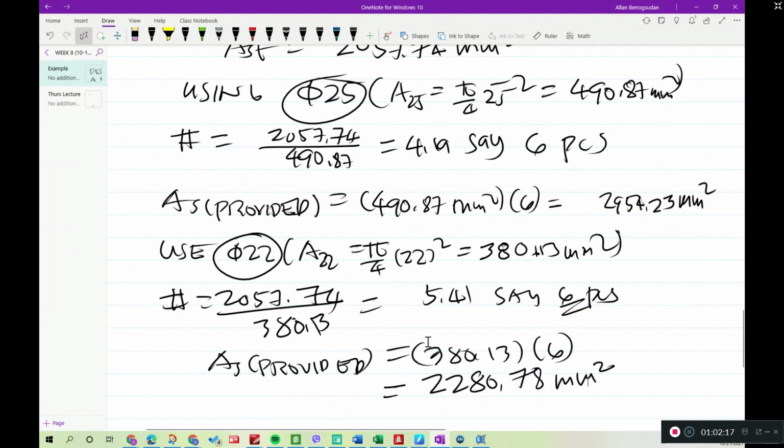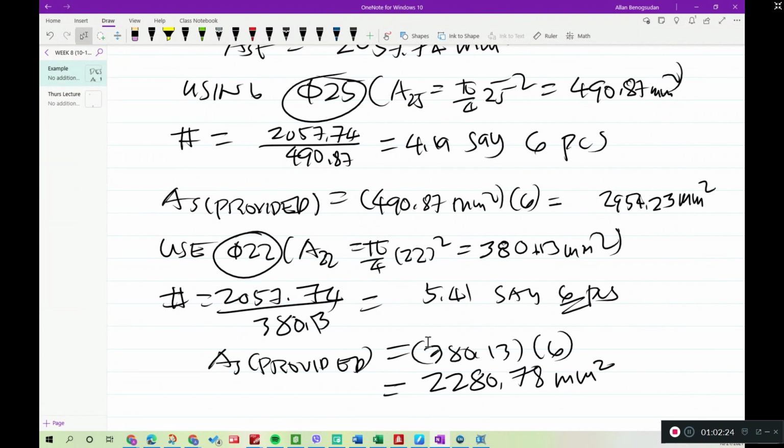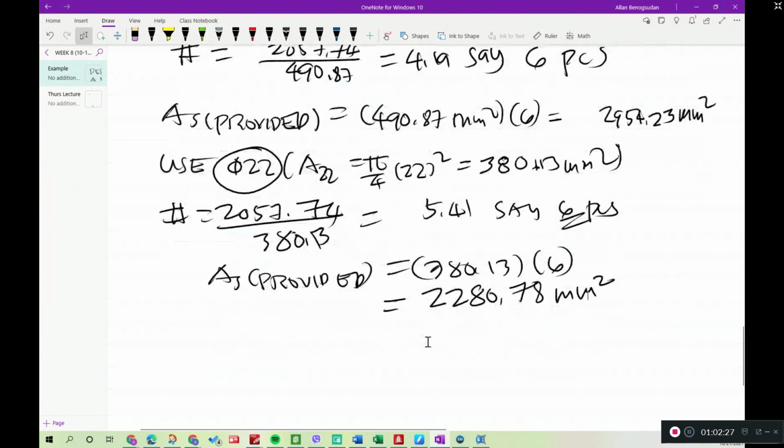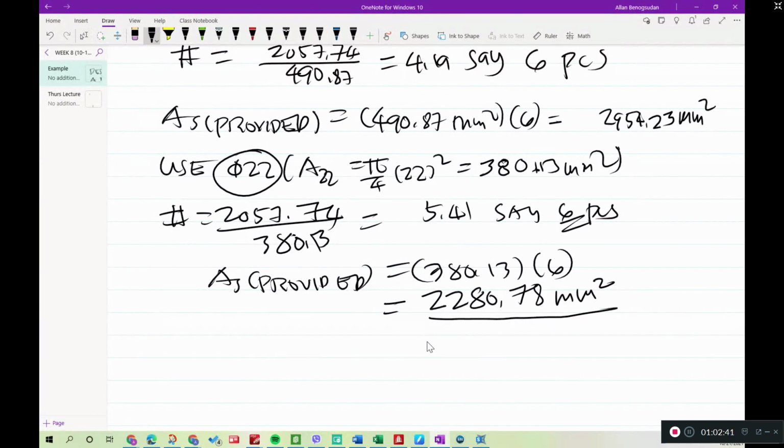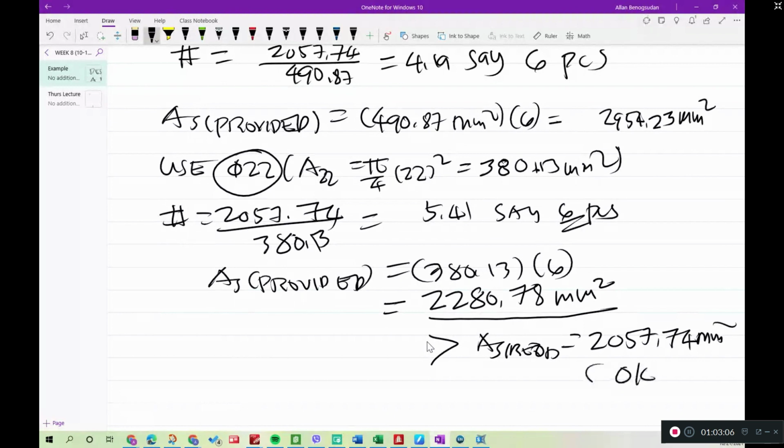So is that greater than 2057? Yes, the requirement is 2057, but you can see it is 2280, which is greater than the AS required earlier, equal to 2057.74 mm squared. So we can say it is okay.